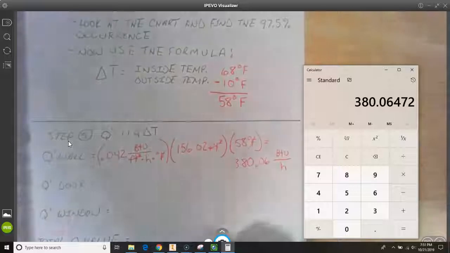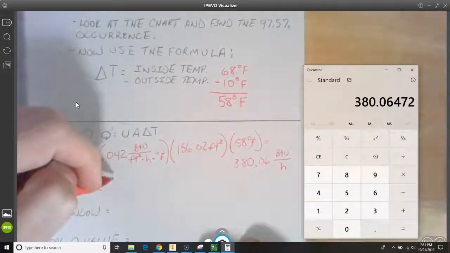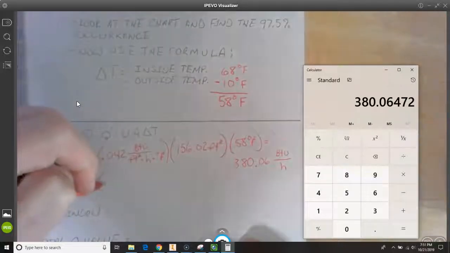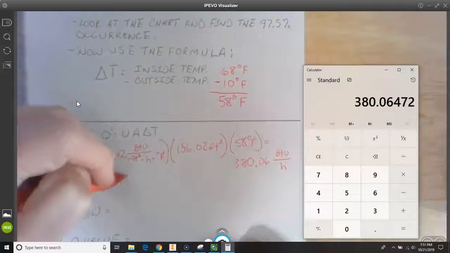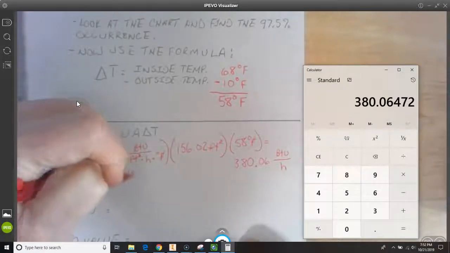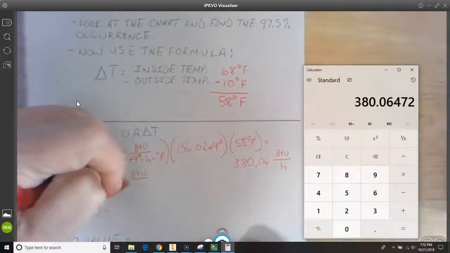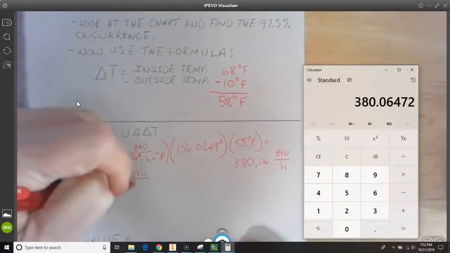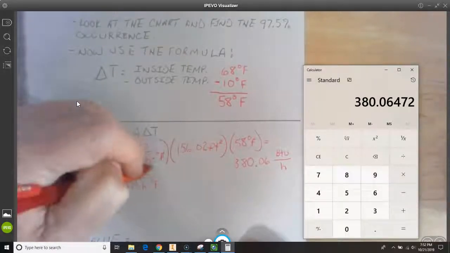So that is going to be 0.598 BTUs over feet squared times hours times degrees Fahrenheit.